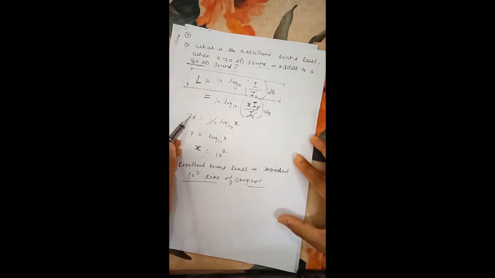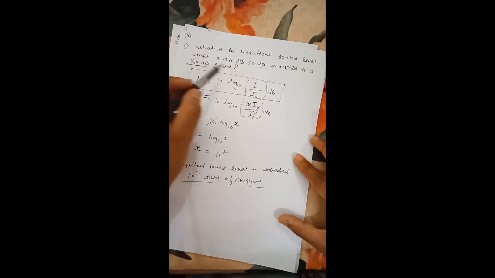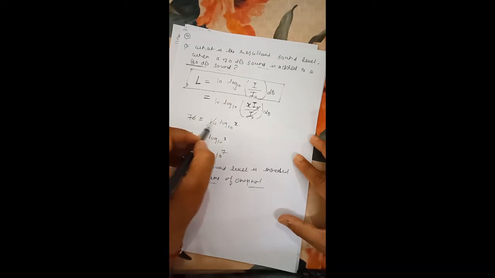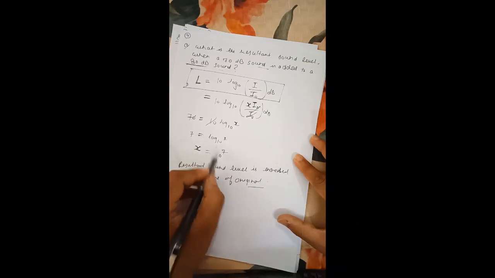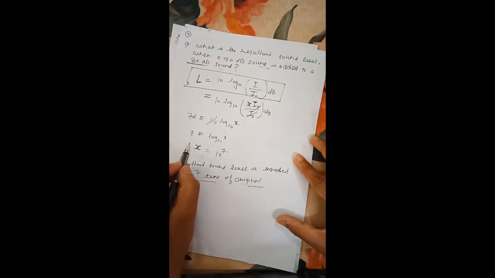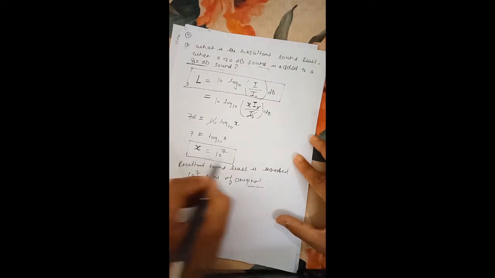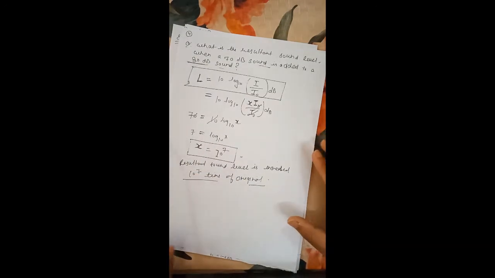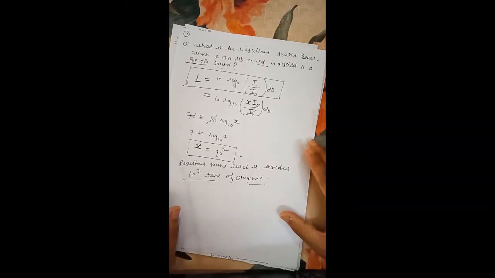We find out what is the sound level which we are adding. So 70 is equal to, we put it into the formula, 10 log 10 x, and the resultant sound level is increased in times of the original. So our intensity or sound level is increased by 10 to the power 7. So this is also a method to solve the resultant sound level.